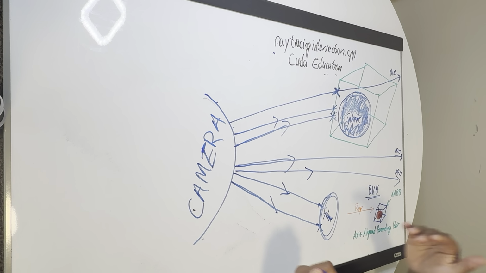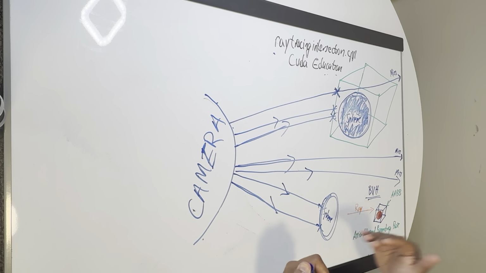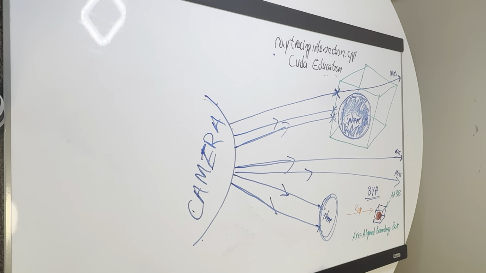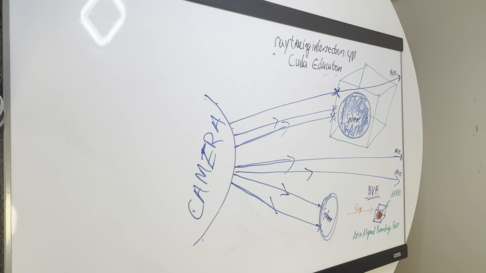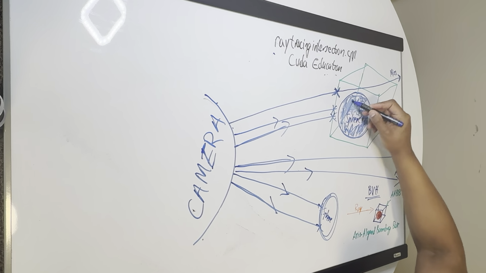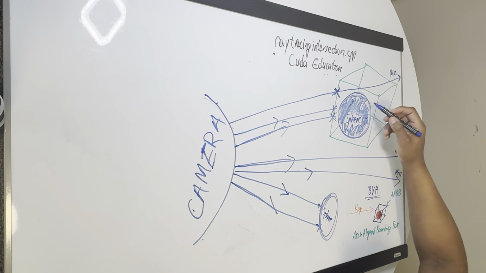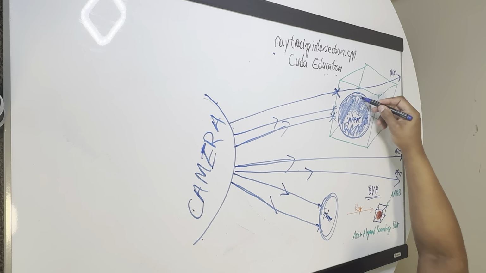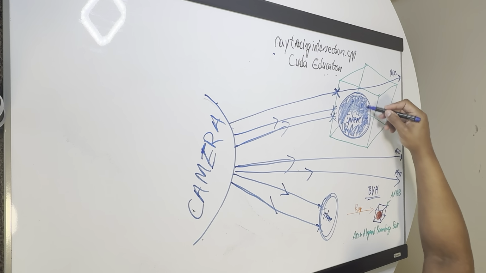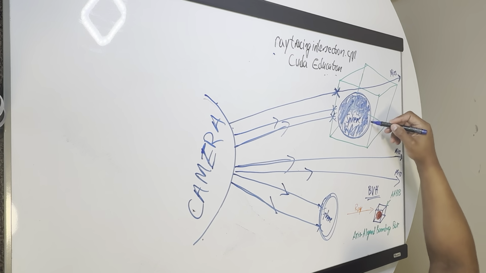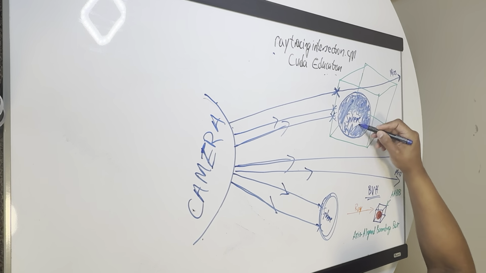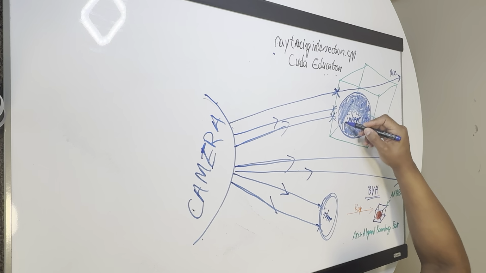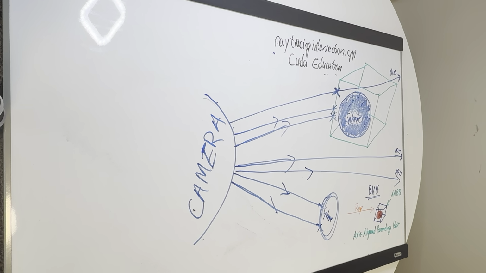So for the rays that are in the vicinity of the sphere, we do have to do some calculations. Why do we have to do some calculations? We have to figure out, do these rays hit the sphere?